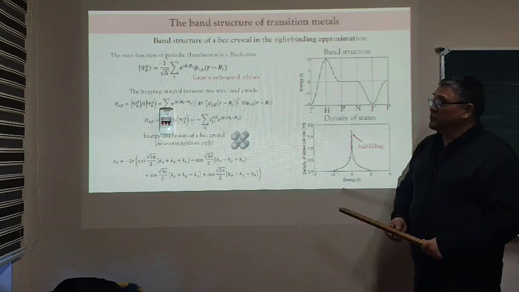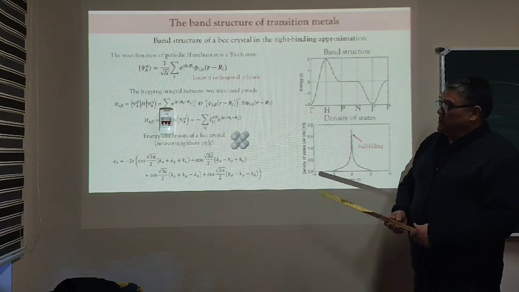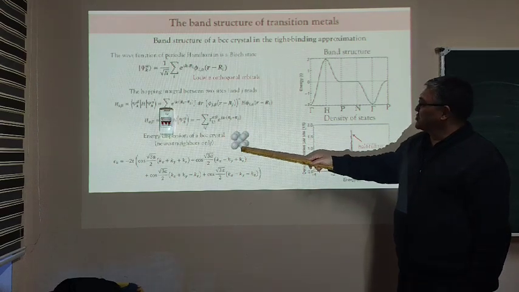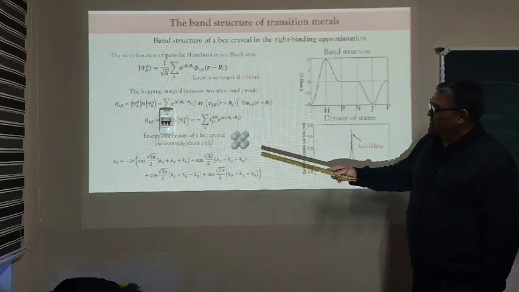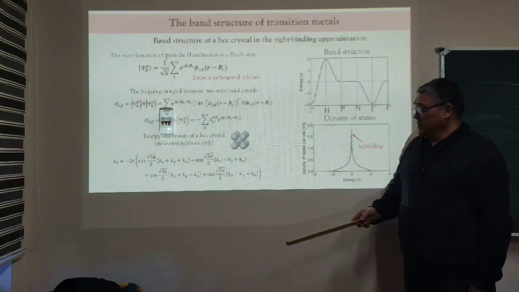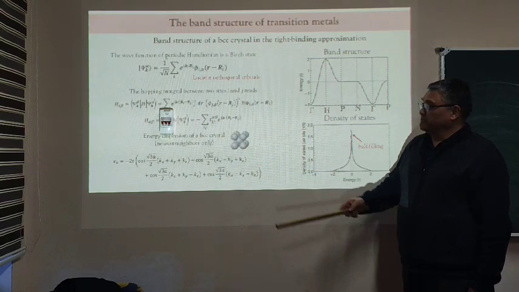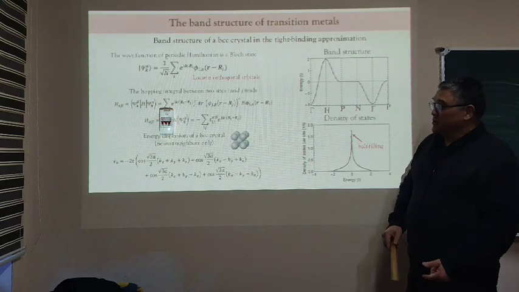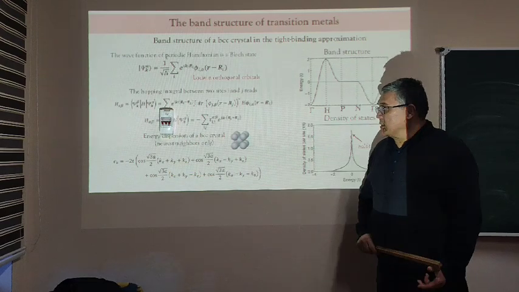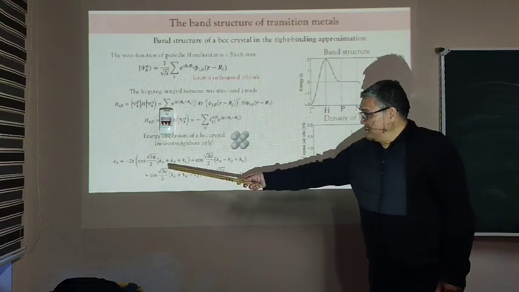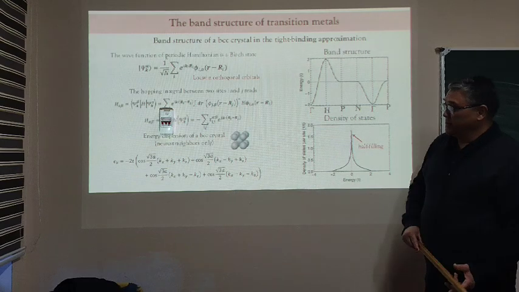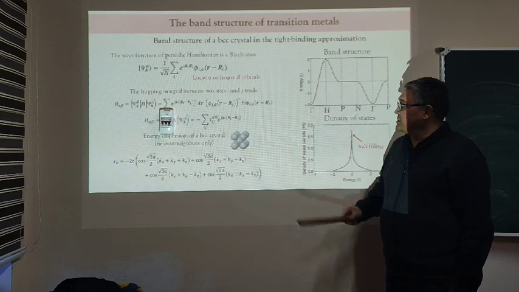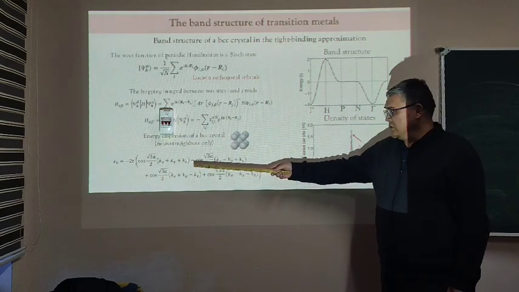Now, let's write down this expression for the tight binding approximation for the BCC structure, considering nearest neighbors only. The BCC structure is shown here: we have an atom located in the center, and we consider the nearest atoms on the vertices of this cubic structure. In this case, the energy dispersion is written using this expression.